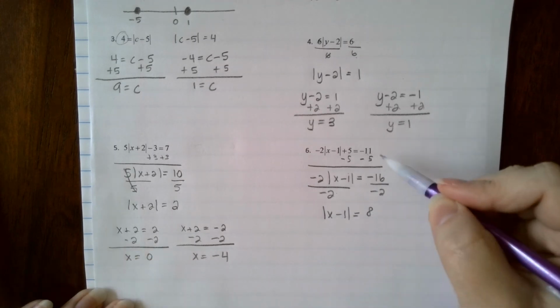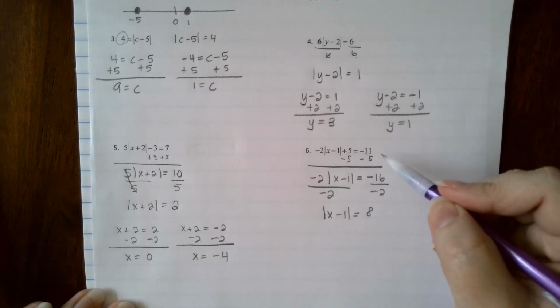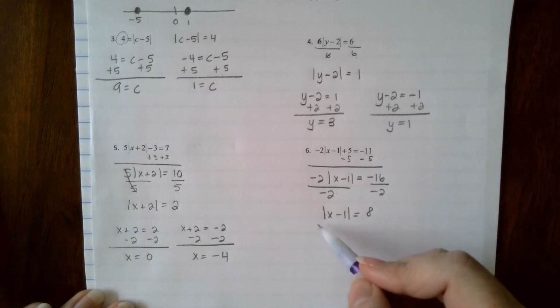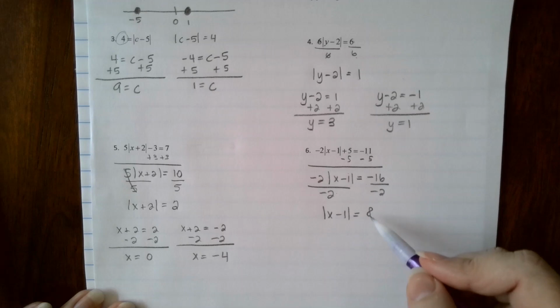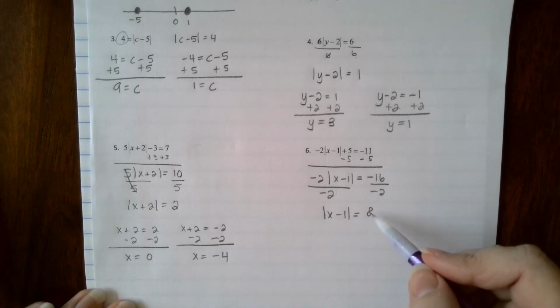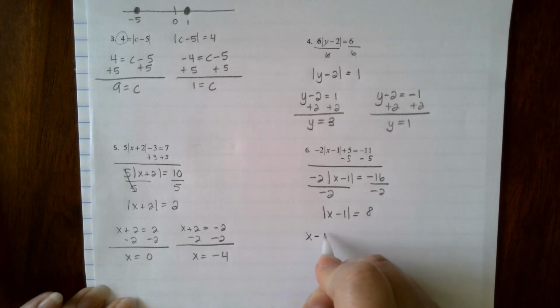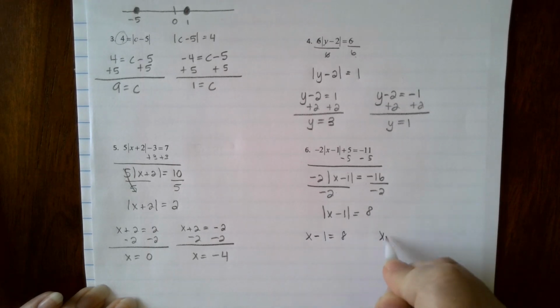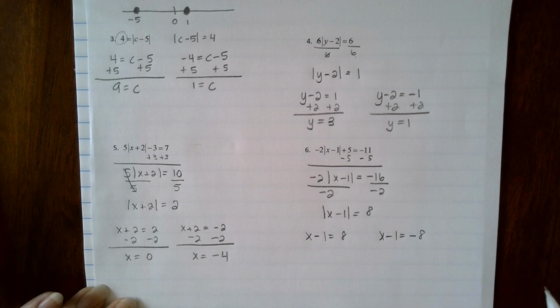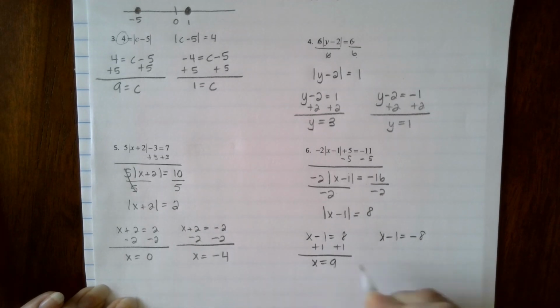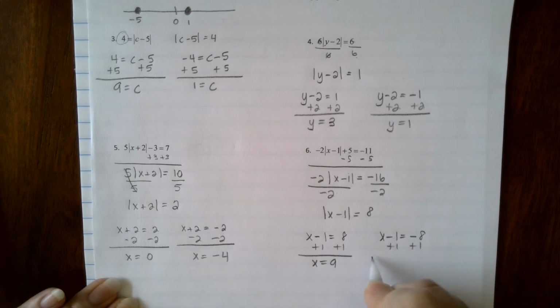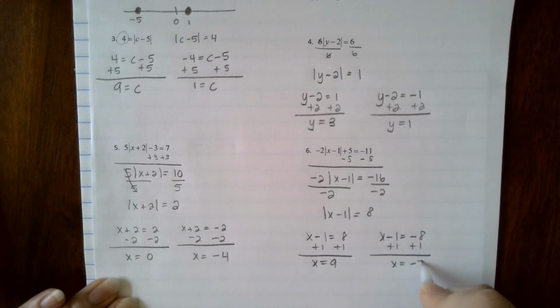Now notice that in the beginning it started with a negative after the equal sign, but once we solved it down to the absolute value, the number was a positive 8. That's our distance. So we're okay. We can solve this problem. We have x minus 1 equals positive 8, and x minus 1 equals negative 8. Add 1 to both sides. x is equal to 9. Add 1 to both sides, and x is equal to negative 7.